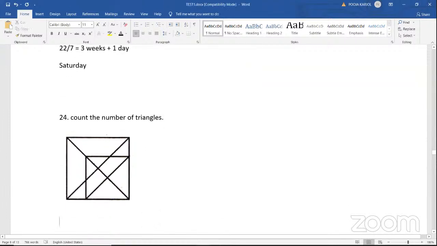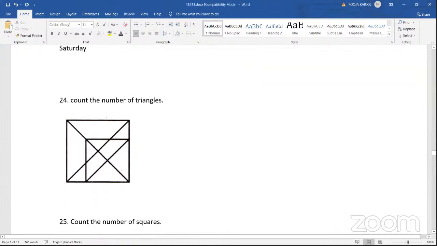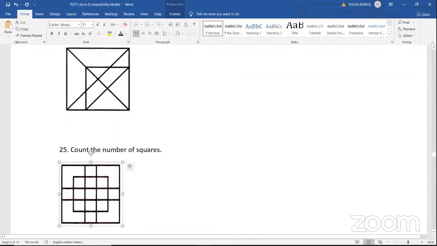This one, I'll just tell you guys the answer. I won't explain it, because the new students won't understand it without the tricks. Just tell me the answer. 14. Others? 15, 18, 19, 17.